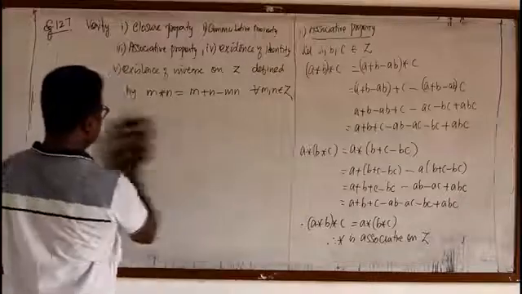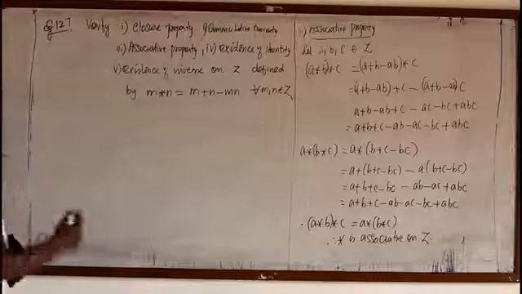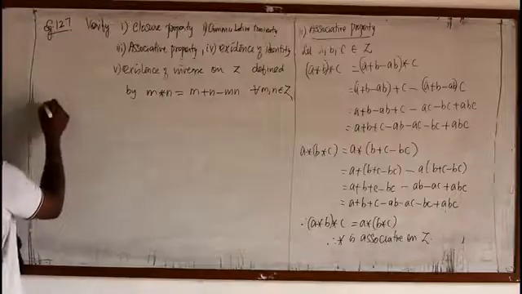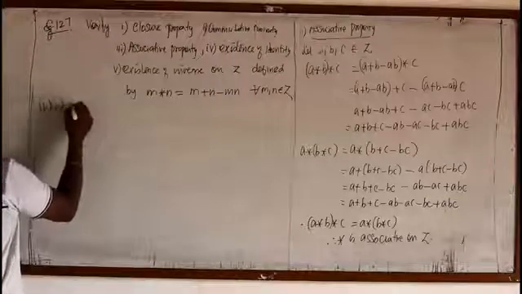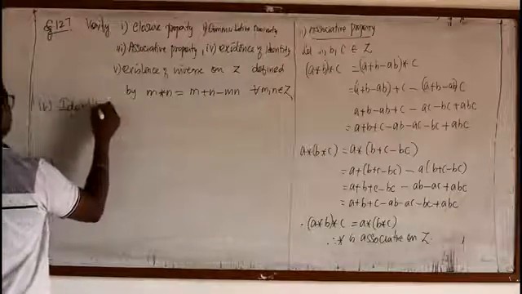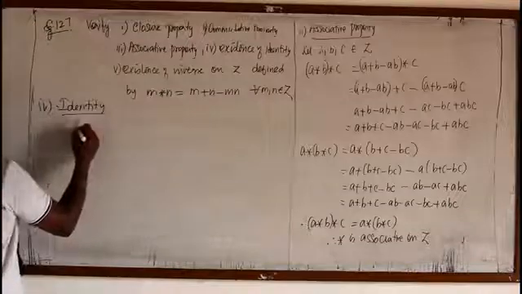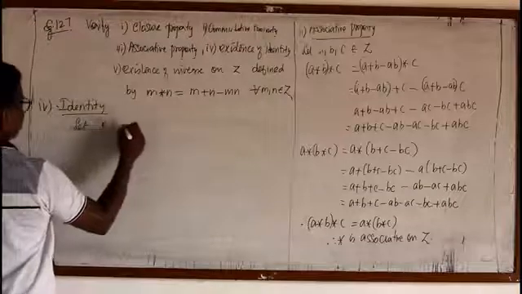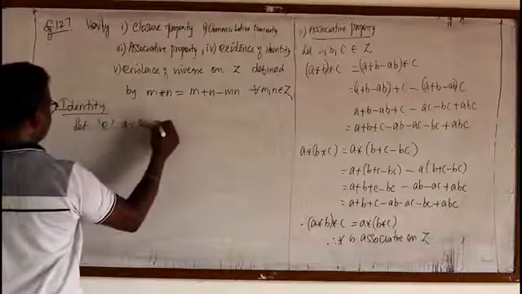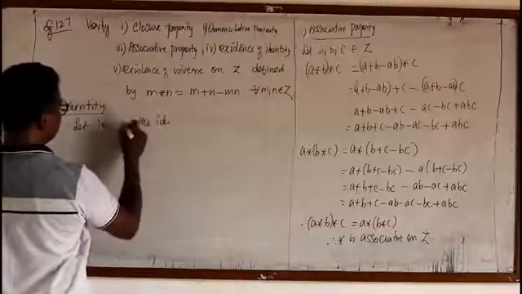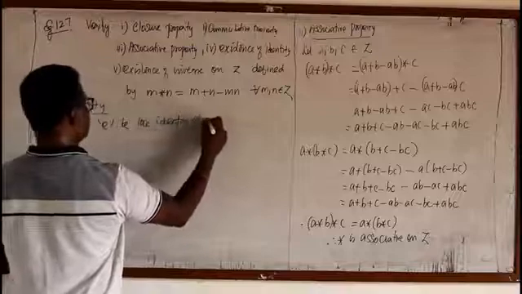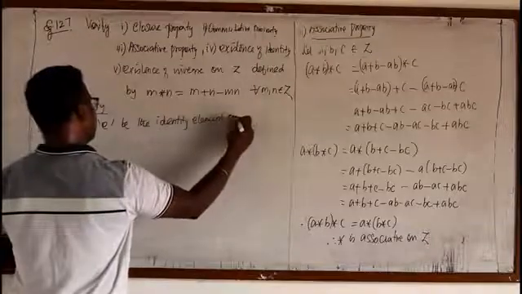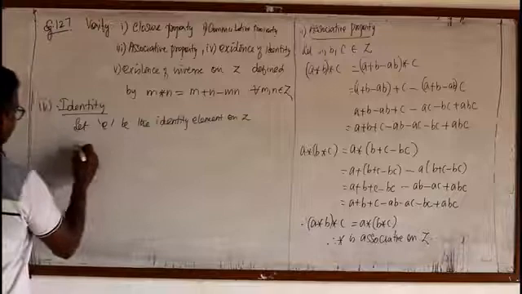Now we shall go for finding the identity element. So property number 4, existence of identity. We do not know the identity, so let me introduce E as the identity element. Let E be the identity element on Z. That means what will obey?